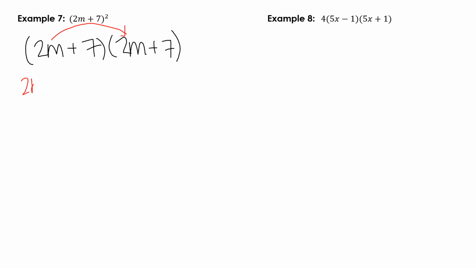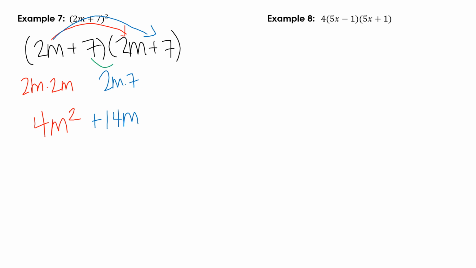I would multiply 2m times 2m, which is 4m squared, then 2m times +7, which is a +14m, 7 times 2m, which is again a +14m, and then 7 times 7, which, be careful, is not 14. You're multiplying, so that would be 49.